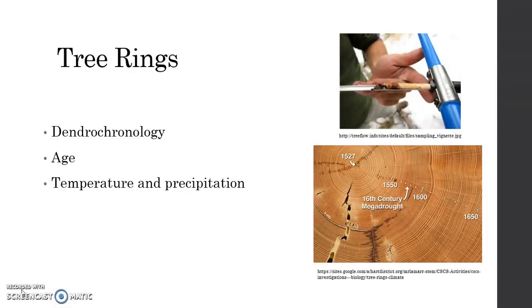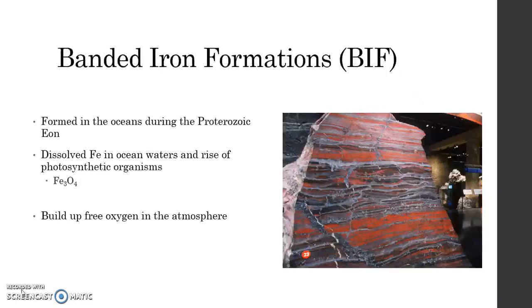So a wider band could indicate a good growing season, depending on the tree, whether that growth was due to wet or warm conditions. Scientists also can use microscopic analysis where they look at cell density, and for your summative assessment in this particular unit, you're going to look at that a little more closely on your own.